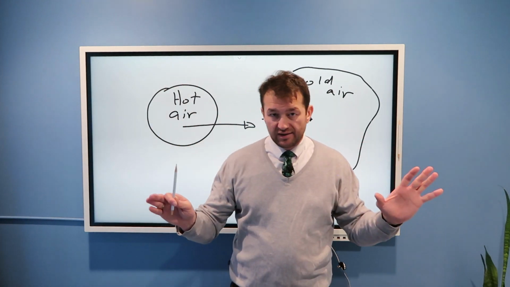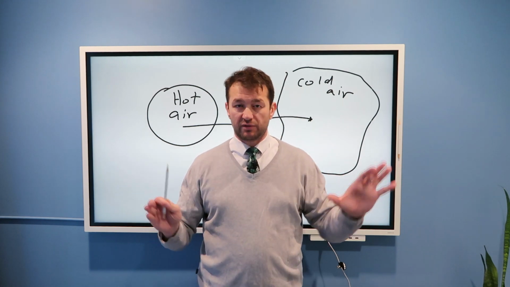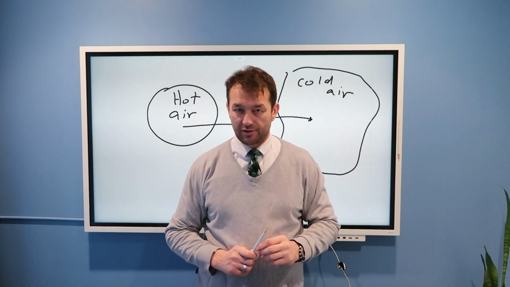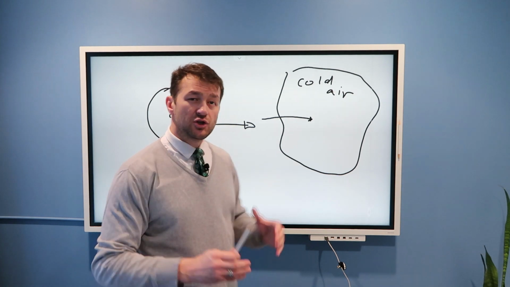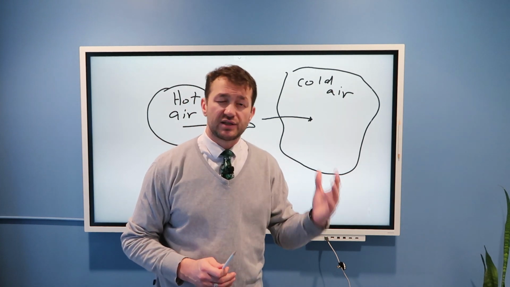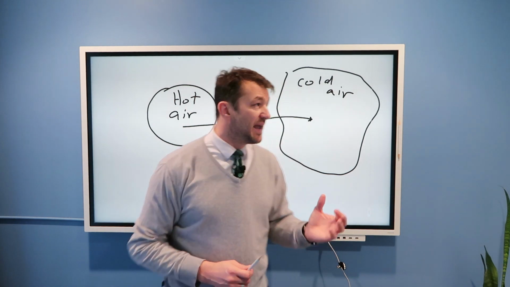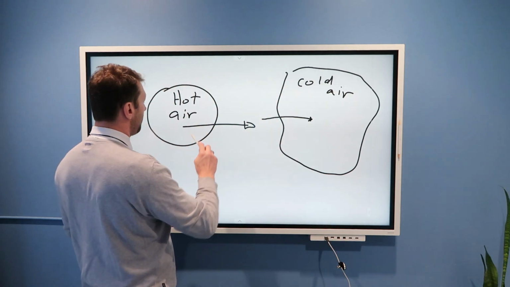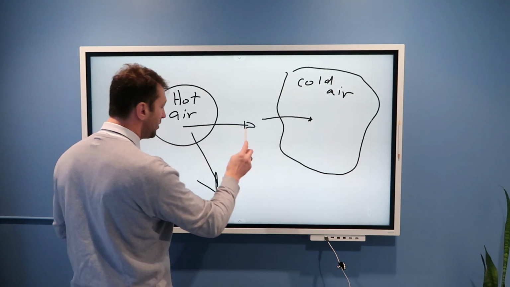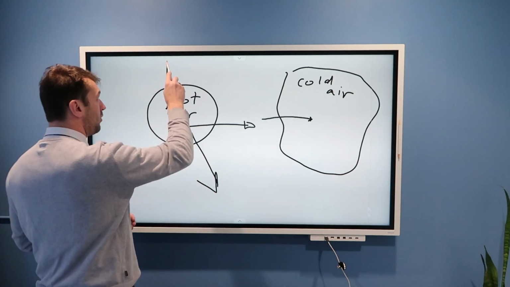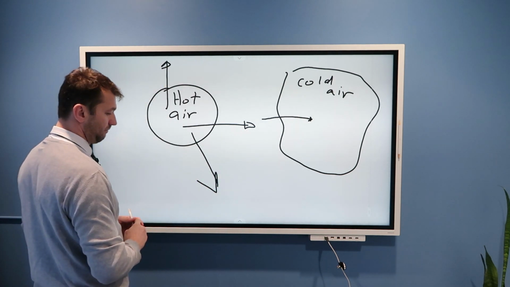Now, let us distinguish labeling between atmospheric sciences and engineering. Very important. In engineering and overall in physics, they call convection any sort of transfer of heat. It could be horizontal, diagonal, or vertical.